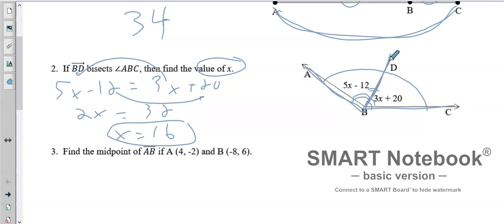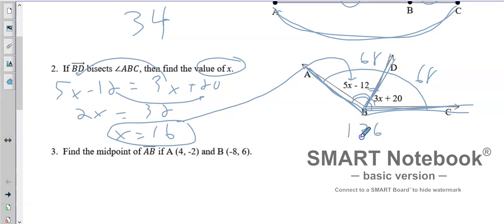Or maybe it would have said find DBC. Or maybe it would have said find ABC or any of those above. If that was the case, you could plug 16 into either one of these and find the angle, all right? And you would have found out that this was 68, which means this was 68. And if you're trying to find the whole thing, 68 plus 68 is 136.